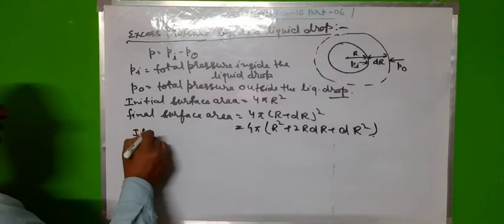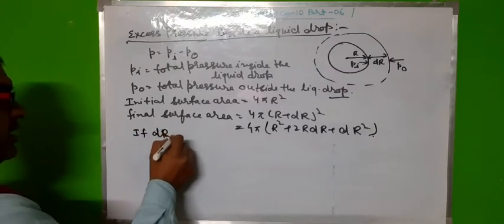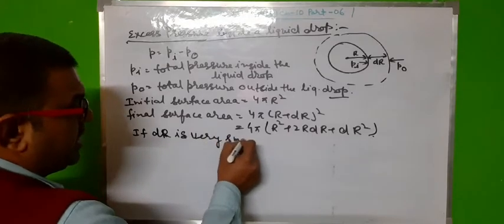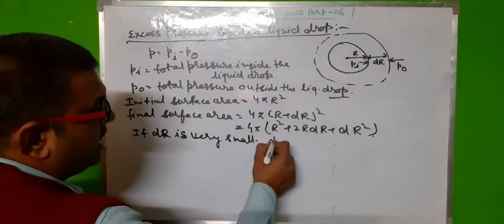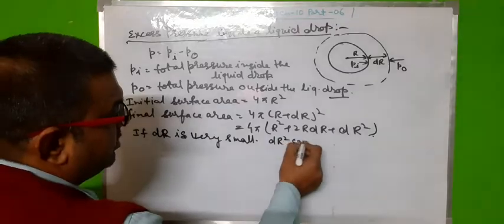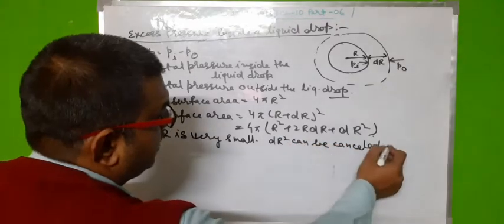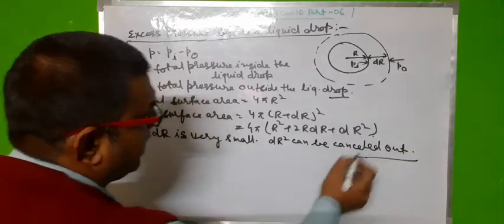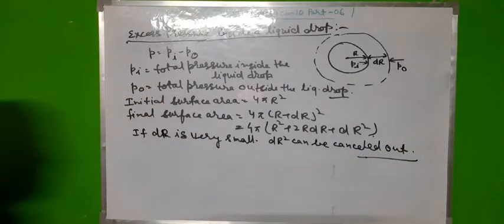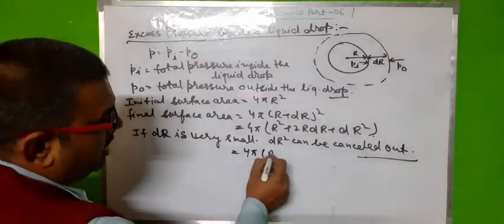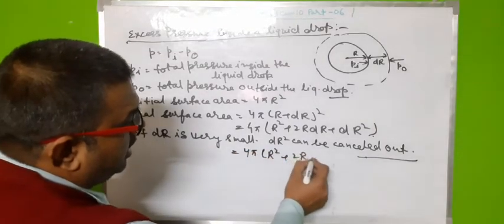If dr is very small, then dr square can be cancelled out, and it will become 4 pi r square plus 2r dr.